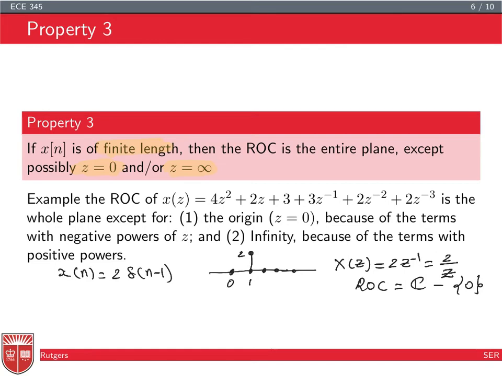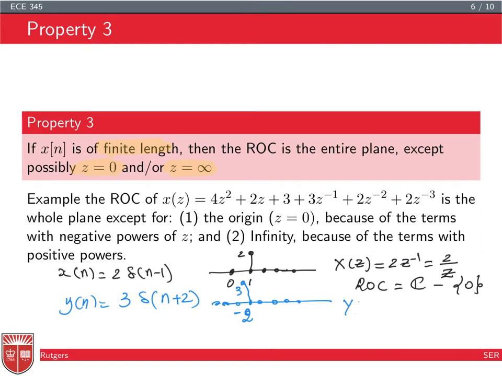Now if we take another example, let's take y[n] equal to 3 delta[n plus 2]. This is how it will look: at n equal to negative 2, it has a value 3, and it's 0 everywhere else.